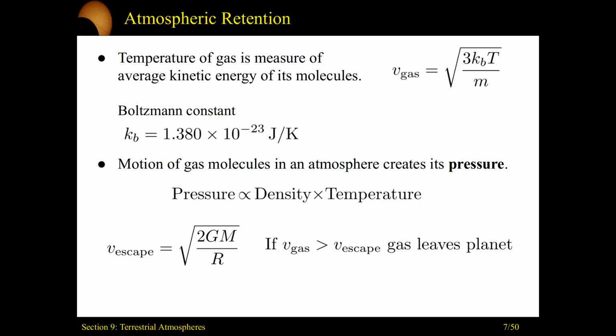We never once specified how massive your orbiting satellite had to be to escape back in section 4. All we said was, if you move fast enough, if the speed of the gas is greater than the escape speed of the planet, the gas floats away. It leaves.